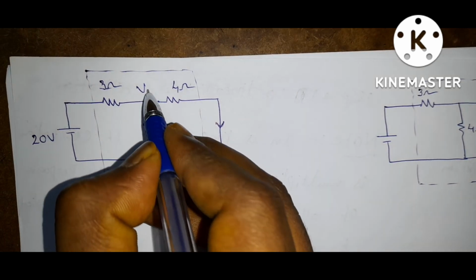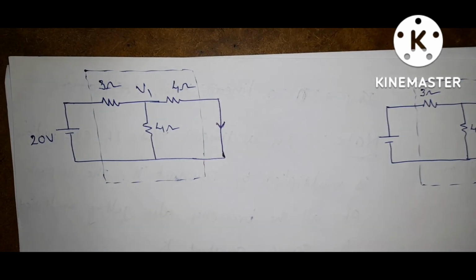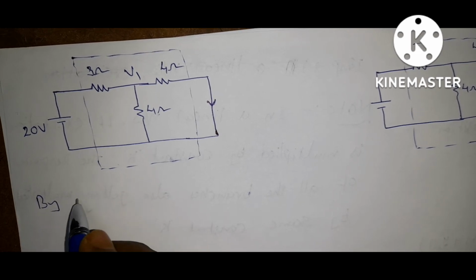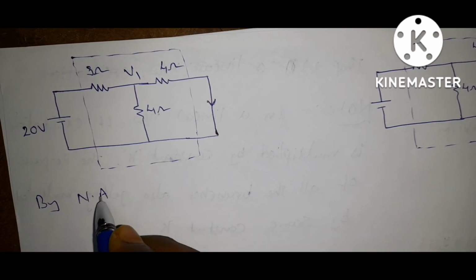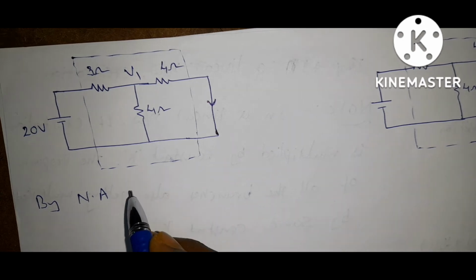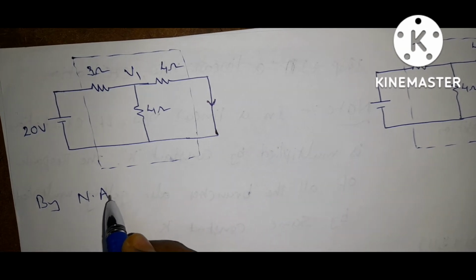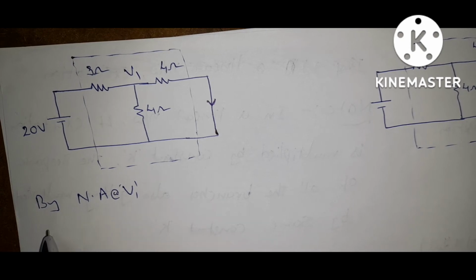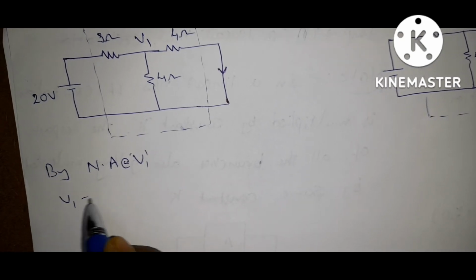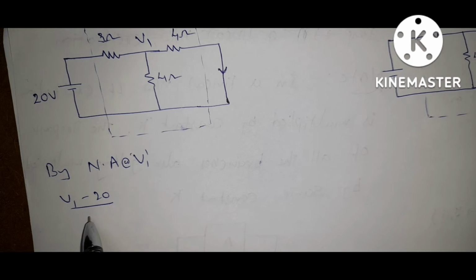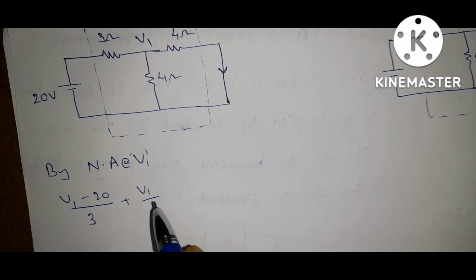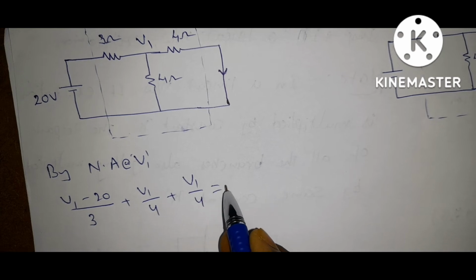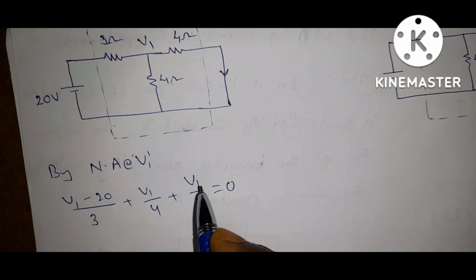I am taking this node as V1. Write the node equation at V1, that is, nodal analysis at V1. So (V1 minus 20) by 3 plus V1 by 4 plus V1 by 4 is equal to 0.